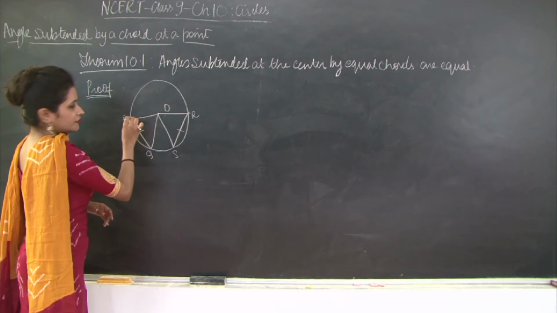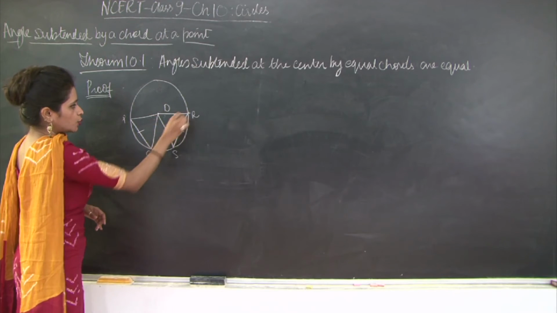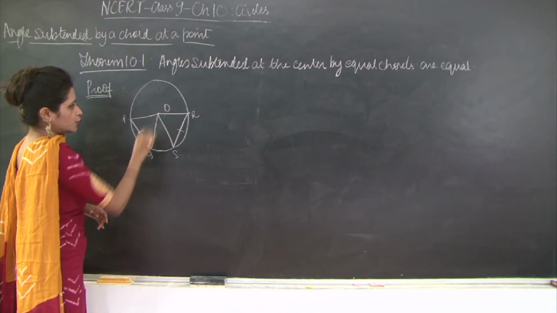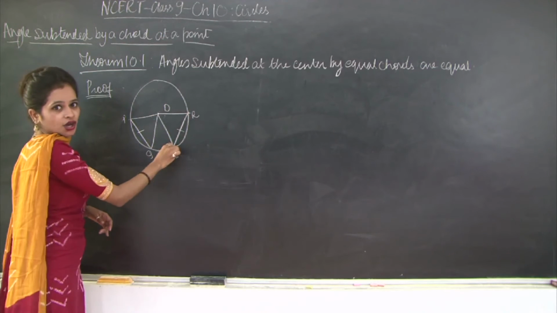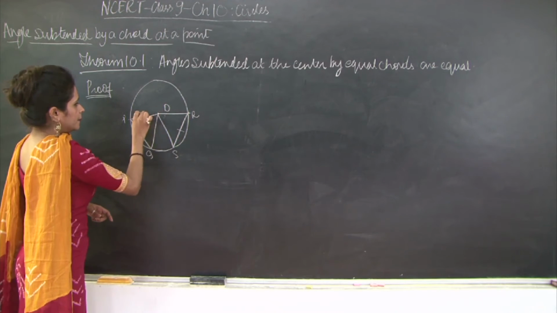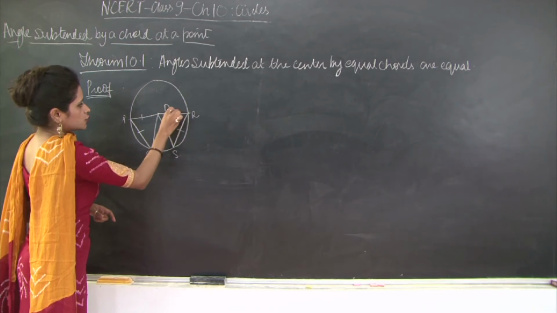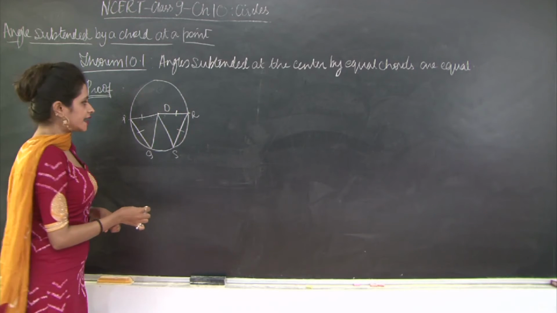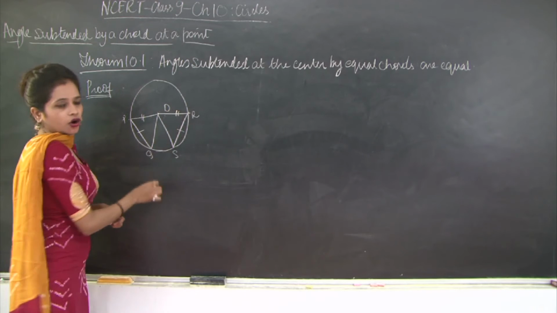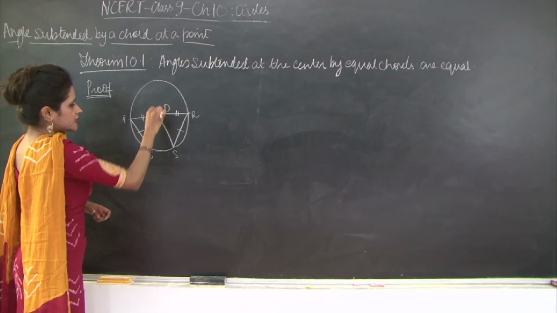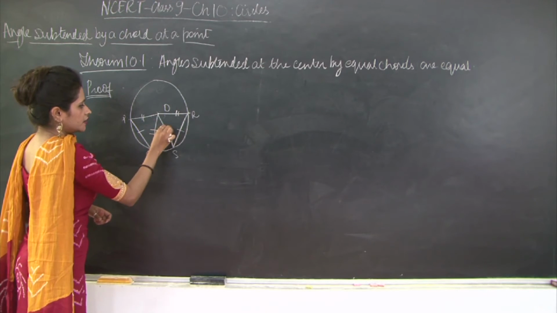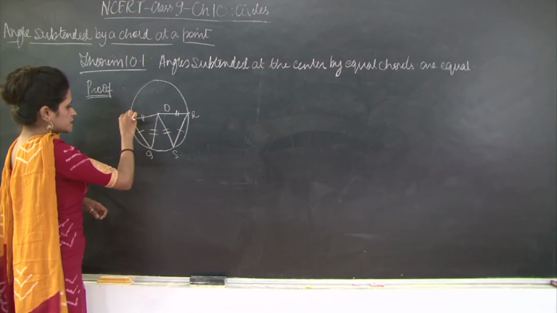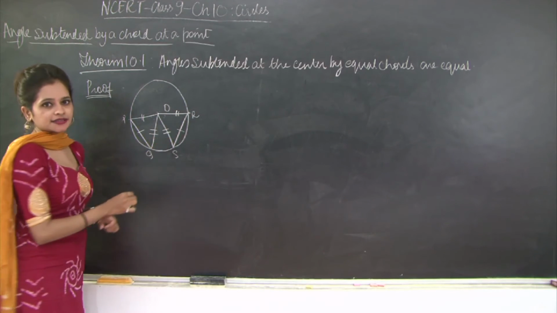Now first of all, if you notice triangle POQ and triangle ROS, what do you notice? That OP is equal to OR because they are the radii of the circle. Also OQ is equal to OS, again they are the radii of the circle, and also it's been given that PQ is equal to RS. Why?